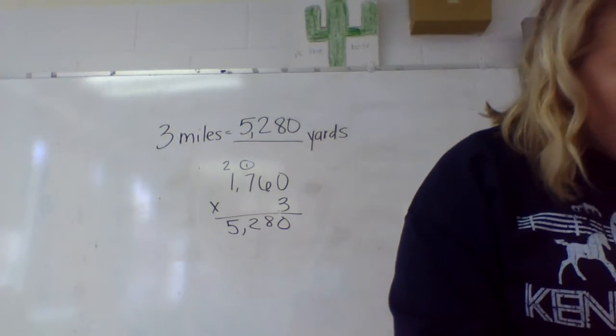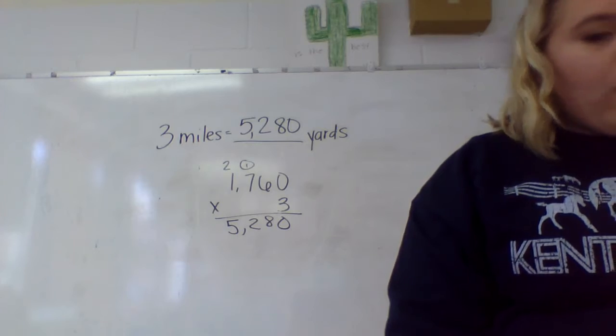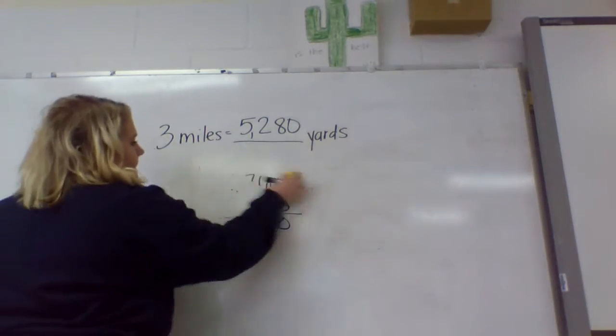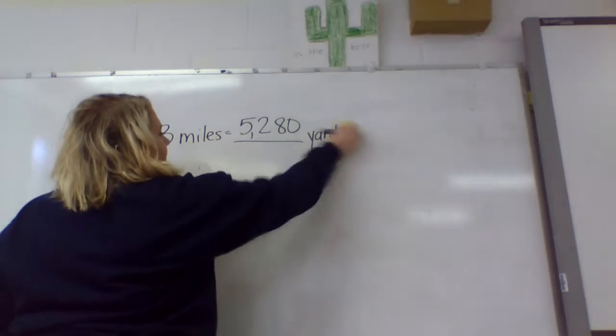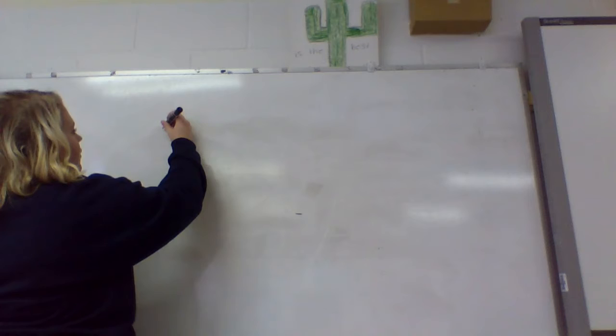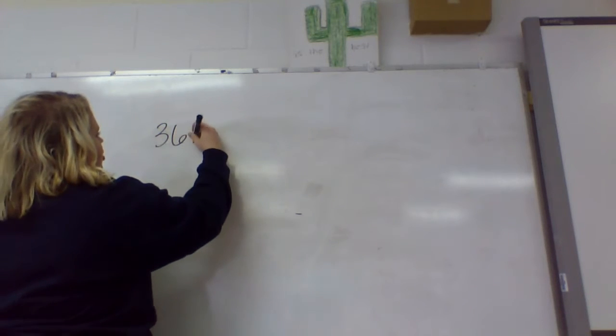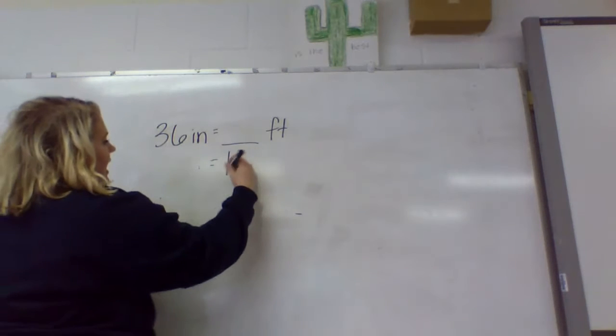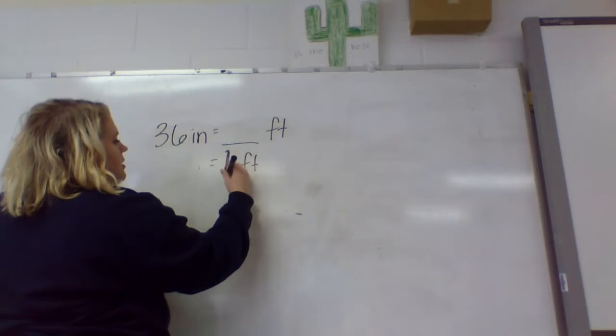So there are several problems on there where we might go the opposite way. We might have to multiply or we might have to divide. So if we see 36 inches equals how many feet? Well, let's think, how many inches are in 1 foot?